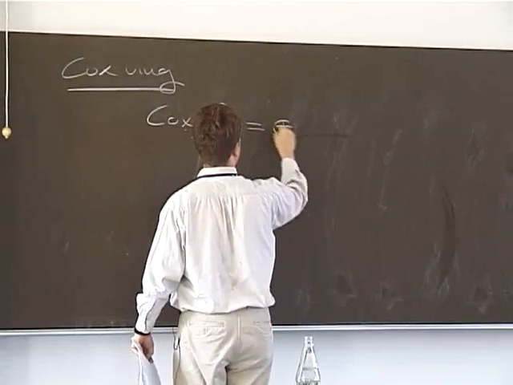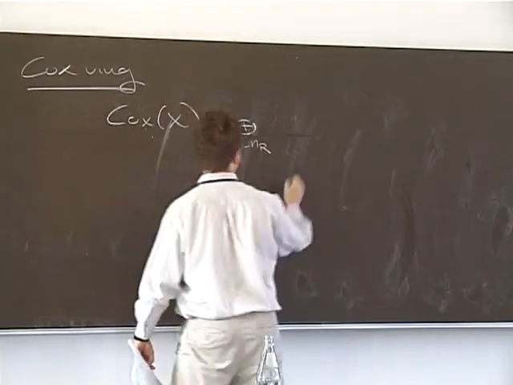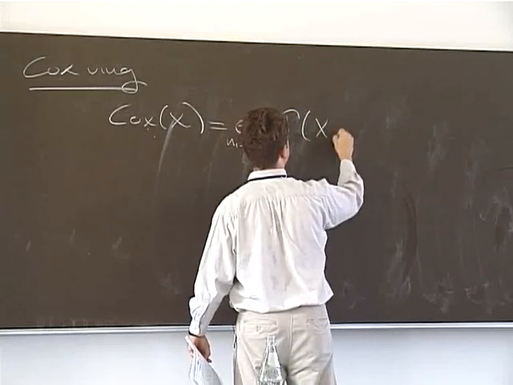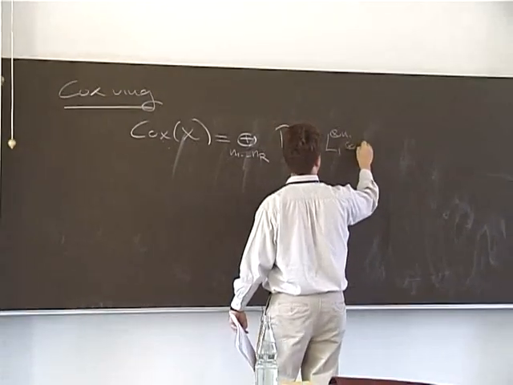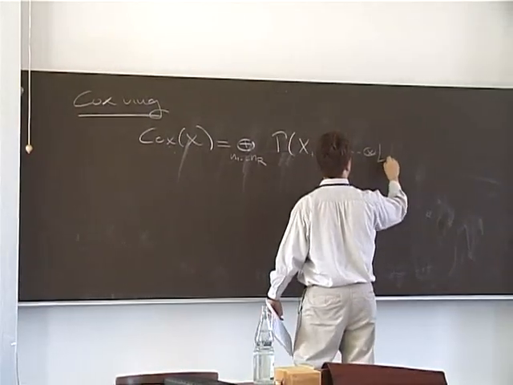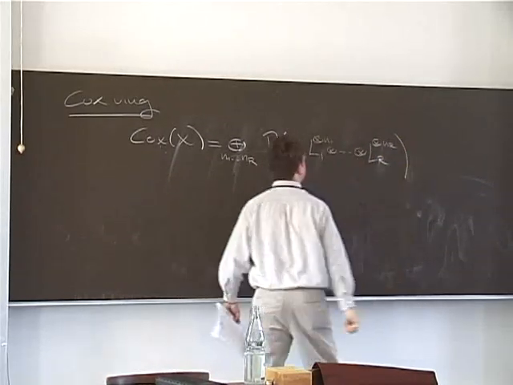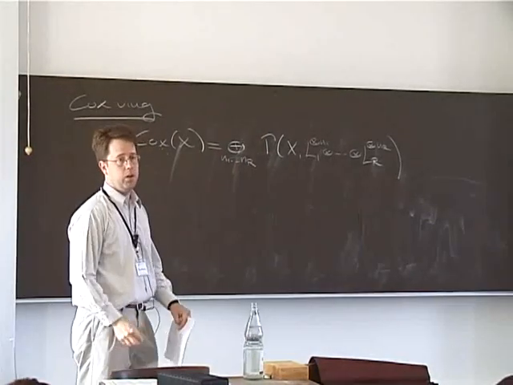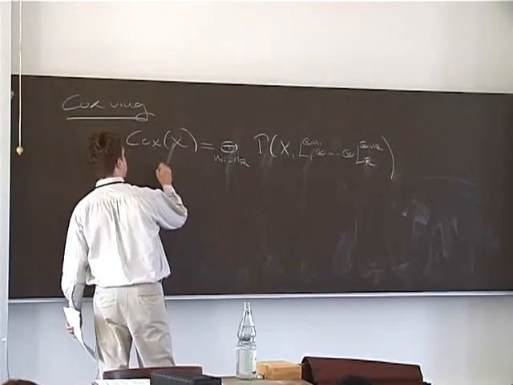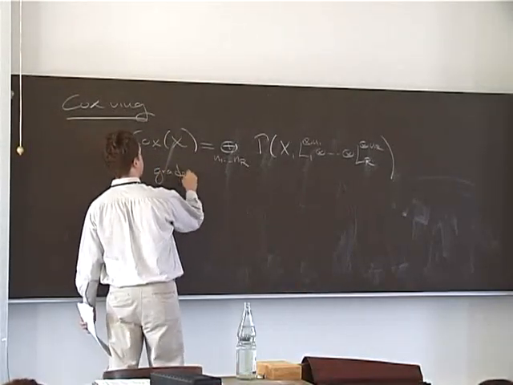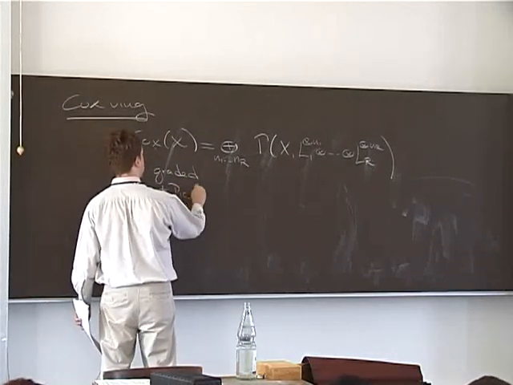I just take a direct sum over all integers of the global sections of powers of these line bundles. So I want to think of this as a ring which is graded with respect to the Picard group.